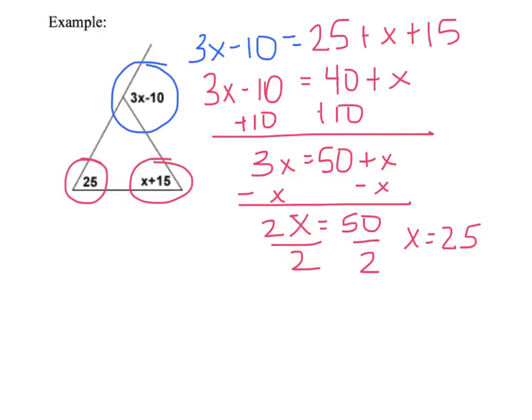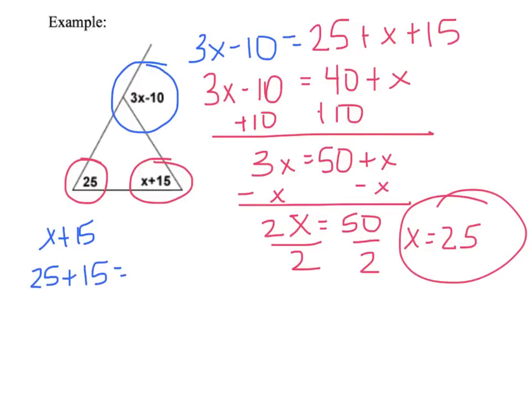So we can plug this x back in and say x plus 15. We know that x equals 25, so 25 plus 15 equals 40. So this angle equals 40 degrees.